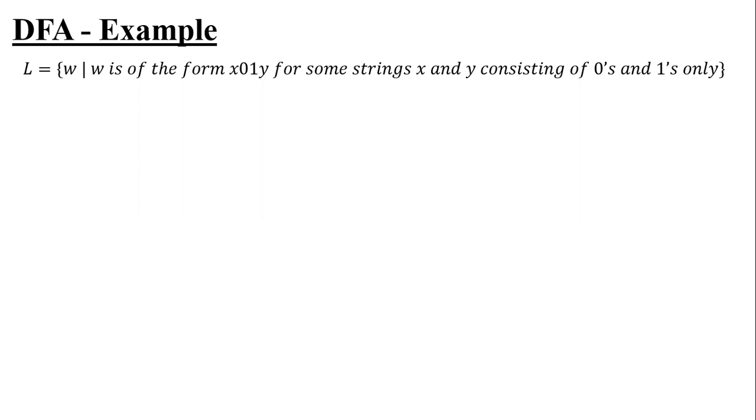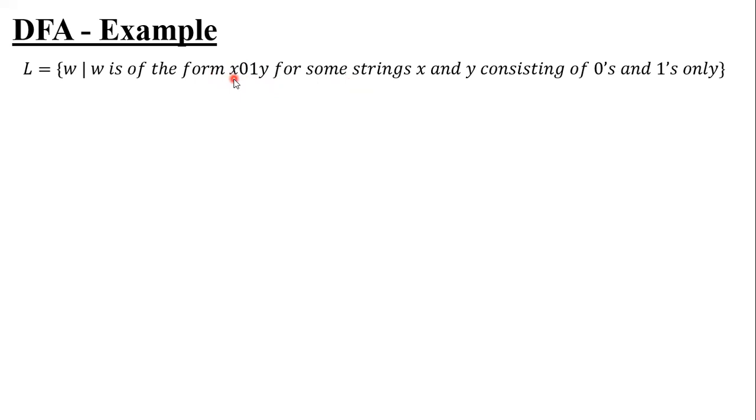The first thing that we need to do is determine how many states we can have for this particular language. One thing that we can notice is that in this particular language, there is a substring 01 which acts as a constant. So 01 is the minimum string that will appear in this language, and X and Y consist of zeros and ones only.